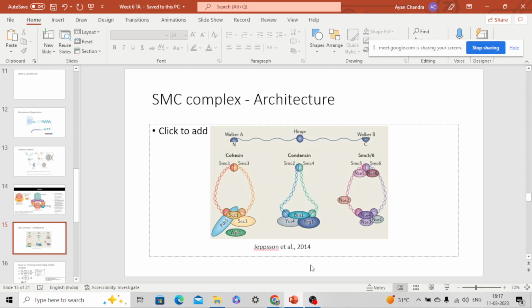Can anyone explain? You can take any of the SMC molecules, like cohesin, and if you want to discuss the structure of cohesin, can anyone come and discuss? Anyone want to?